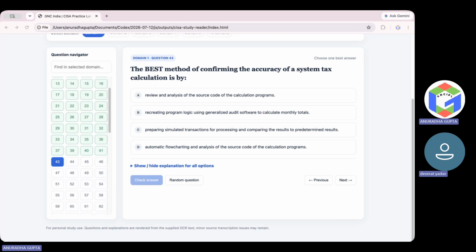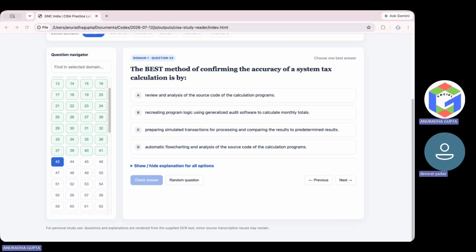You are creating a simulated environment, inputting some values to the application, the application is processing, and then you identify the result and compare it to the predetermined results, right? That is the best option.